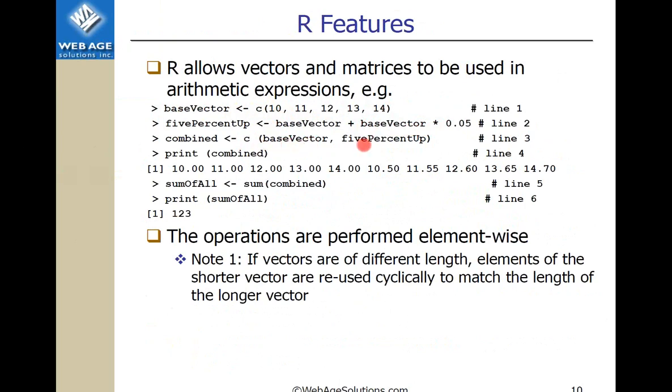You can combine vectors, as you see. We can do print. We can do sum. So sum is similar to what you would expect in other scripting languages, like Python, for example. But mind you that we are working on vectors, right? And essentially just follow the logic of what we are trying to achieve here.